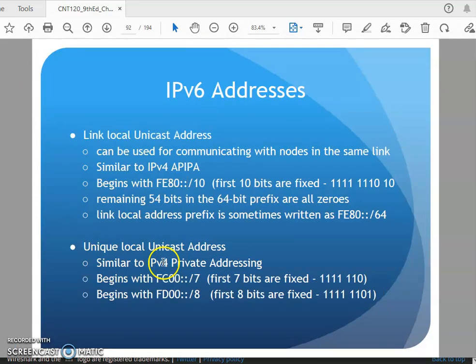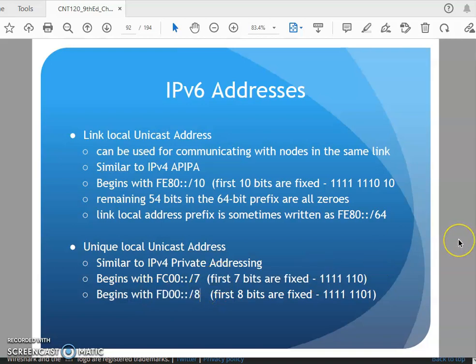The unique local unicast is similar to IP version 4 private addressing. We have 2 options here: FC00 and FD00. This would be kind of like the private A, private B kind of idea. The /7 indicates the first 7 bits, /8 indicates the first 8 bits.